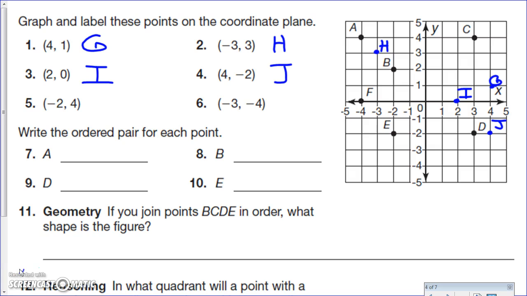So we're going to go over to -2 and then up 4 and call that point K. Finally, for point 6, we're going to go to (-3, -4). So we're going to go to the left 3 and then down 4 and label that point L.